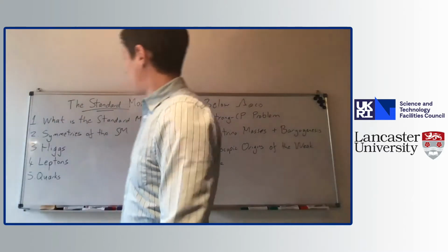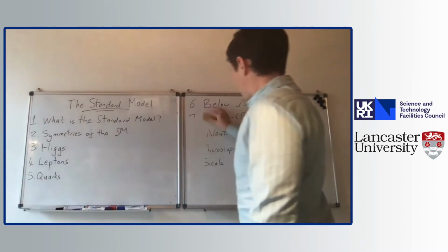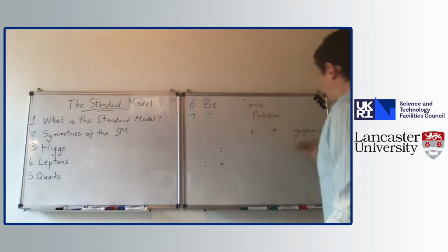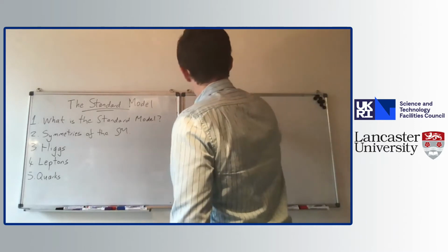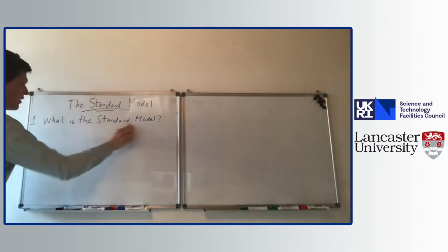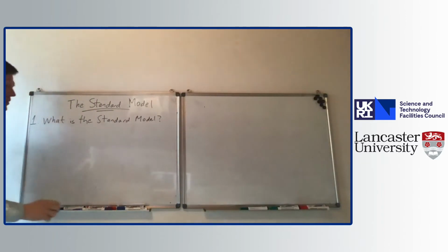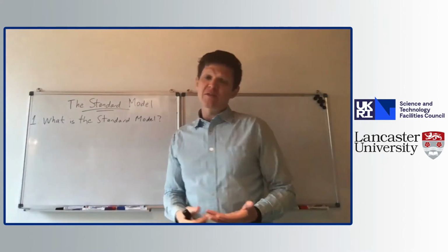Okay, so number 1, what is the standard model? The basic answer is that the standard model is a quantum field theory. And that basically frames essentially all of the properties of the standard model that we know and love, and some of the big mysteries of the standard model.